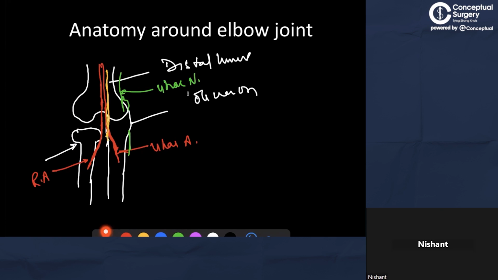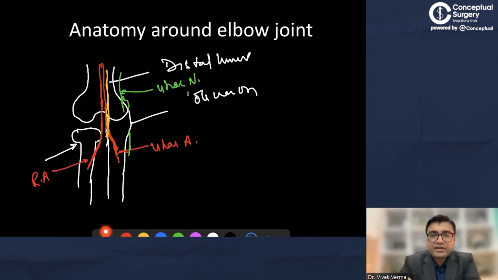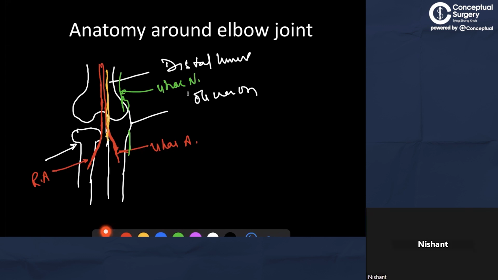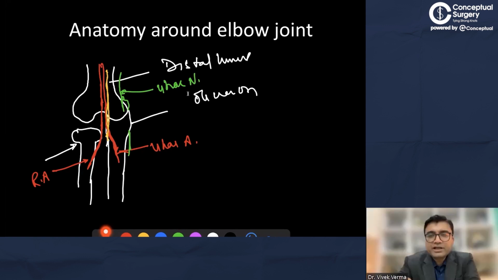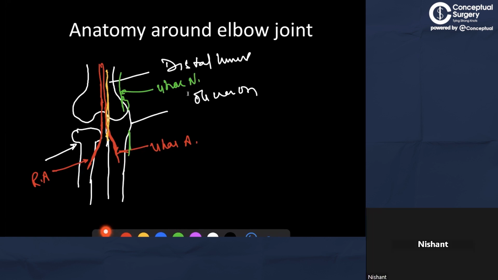Ten centimeters above the elbow joint. Your voice is breaking, your signal is poor, but yes, you're going right. Tell me. Sir, it is 10 centimeters above the elbow joint. It pierces the intermuscular septum and goes posterior.